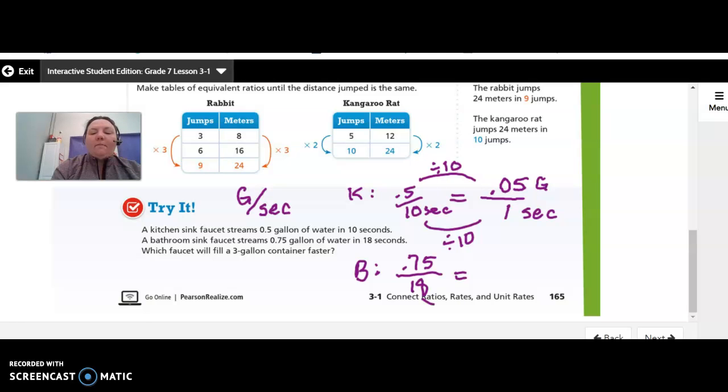Again, make sure you stop and pause the video. So now in this example, we need to divide by 18, because 18 divided by 18 is 1.